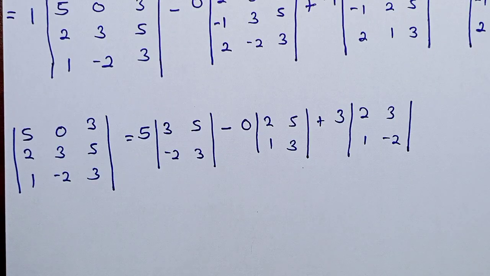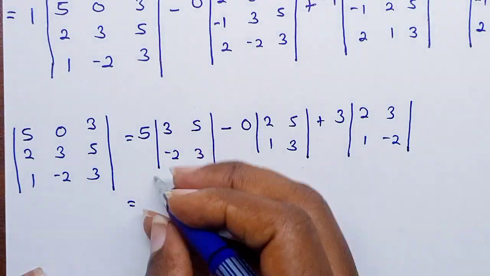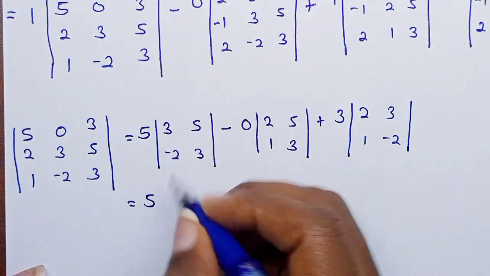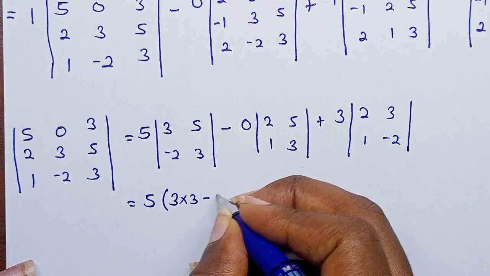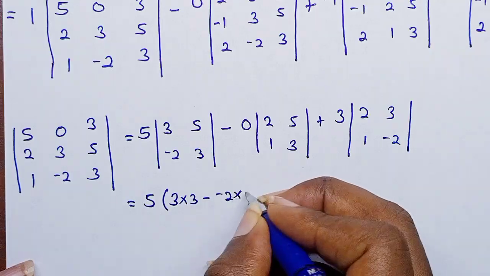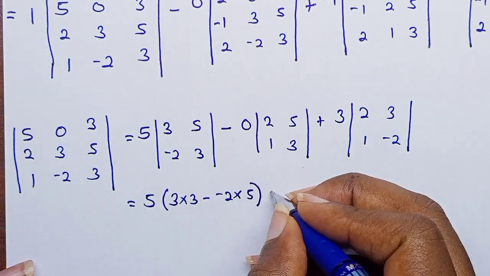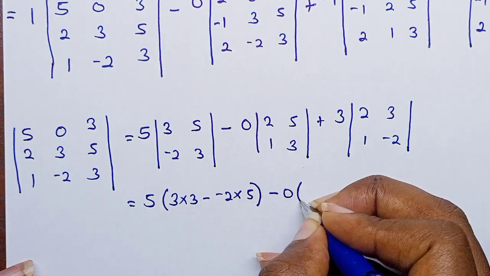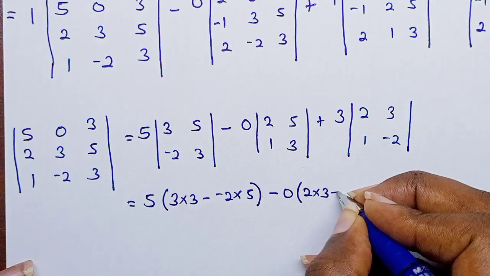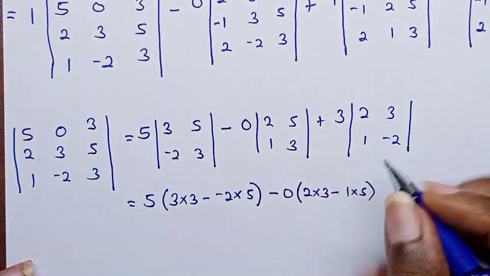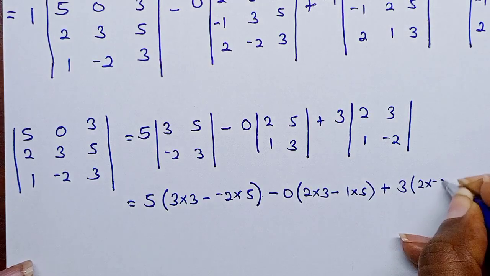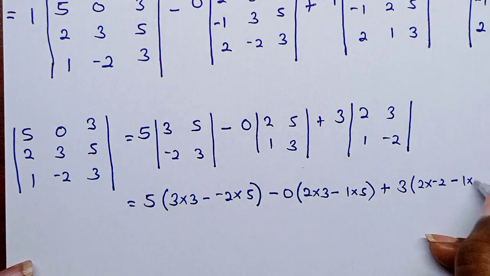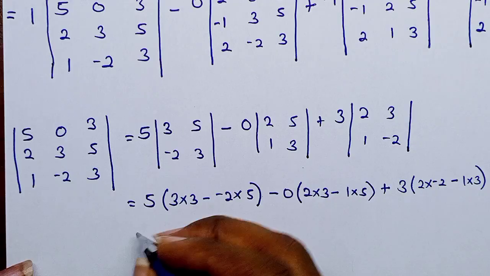So this would be equal to 5, then the determinant of this would be 3 times 3 minus -2 times 5, then minus 0 times (2 times 3 minus 1 times 5), then plus 3 into (2 times -2 minus 1 times 3).